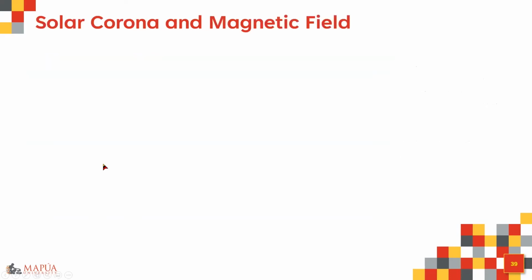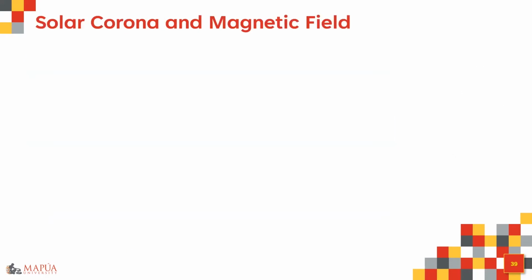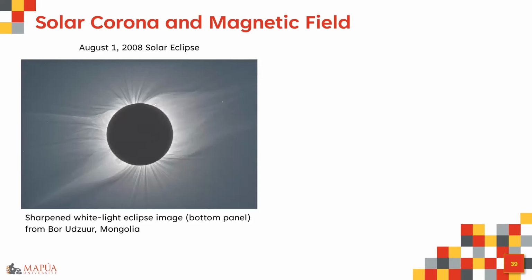One of the important features of the solar corona is that it can tell us the current magnetic configuration of the sun. In fact, for example, this is the solar eclipse last August 1, 2008, observed in Mongolia.